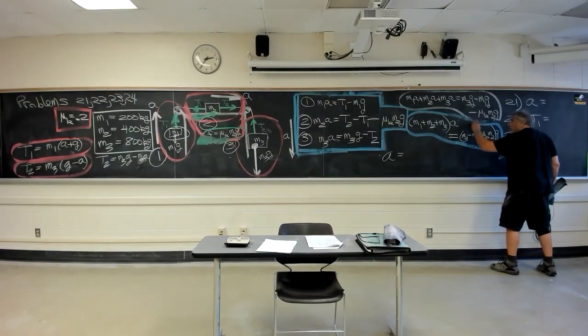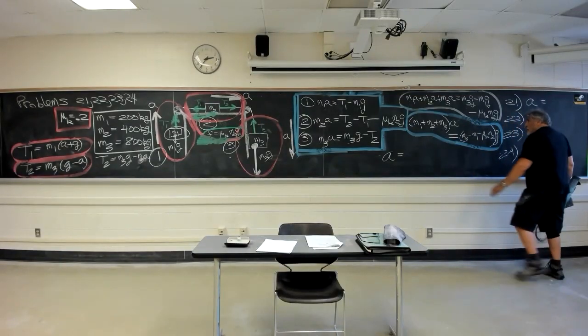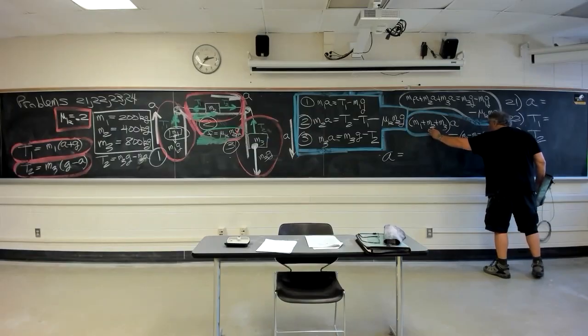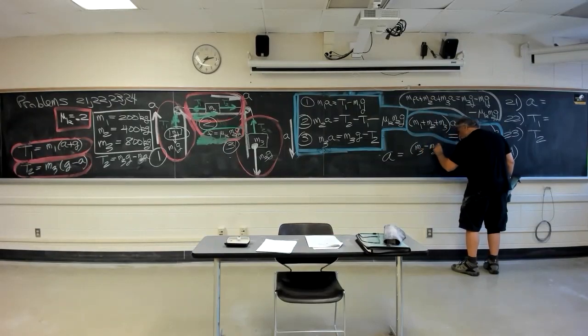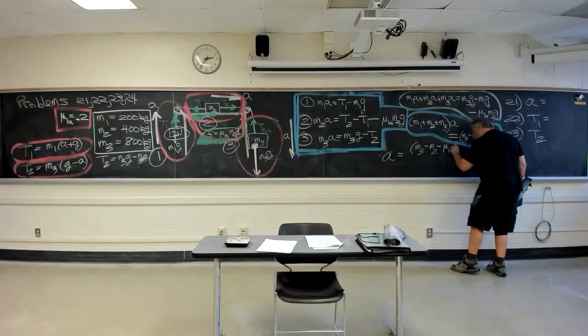Still not great, but okay, a little bit better, maybe. Divide by this quantity that's in front of A on each side: M3 minus M2 minus mu sub k M2. That's what wasn't there before.